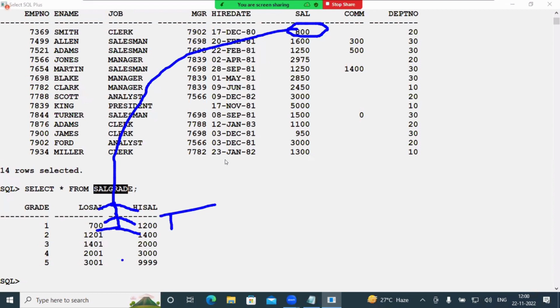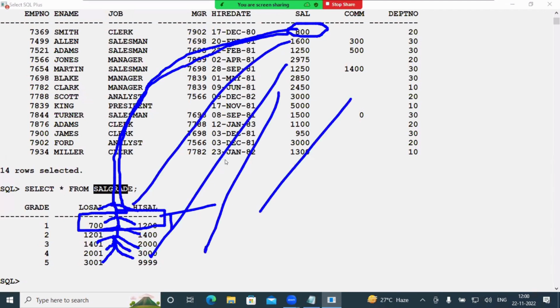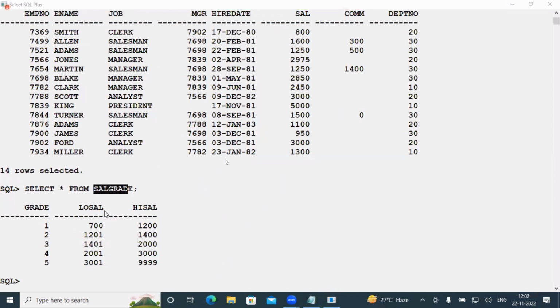No. Next 1400 to 2000? No. Next 2000 to 3000? No. Next 3000 to 9? No. So your 800 is satisfied in the first row of the table. Like this, each and every row you can compare with the low and high salaries.